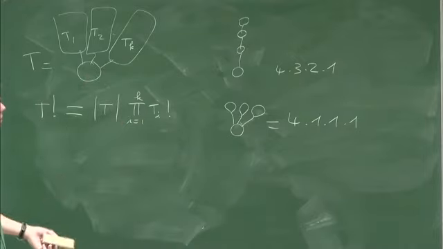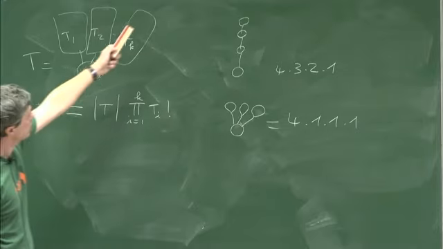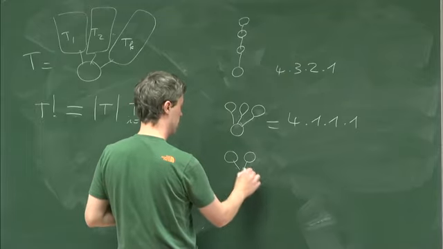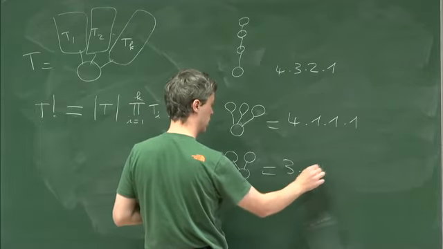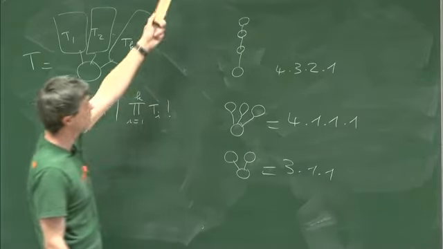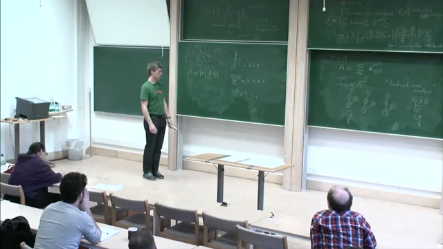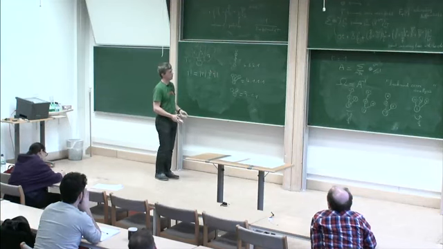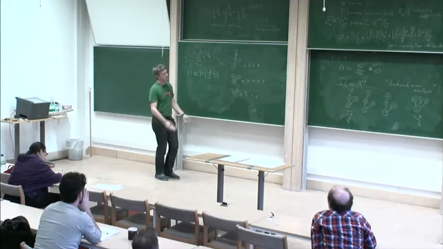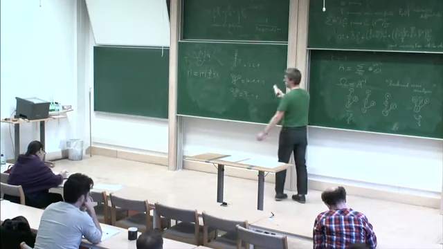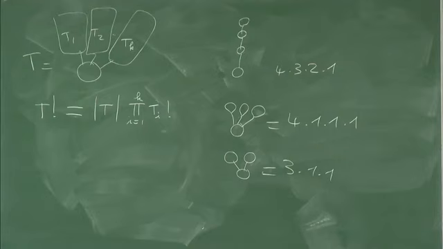So it's an integer, and we can check, for instance, for this corolla there, it's 3 times 1 times 1, and we got 1 over 3 there. This is not complicated. This is just very classical, and we can also find that in papers of Kramer.